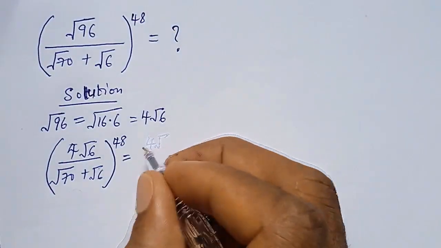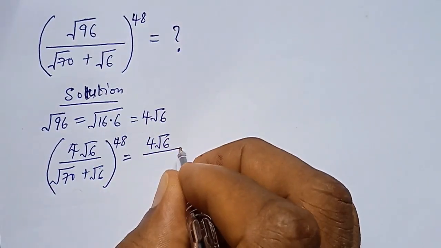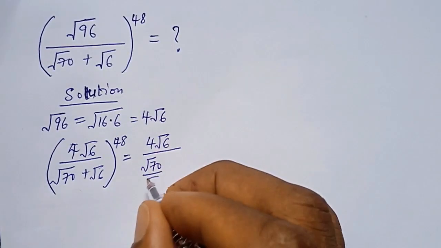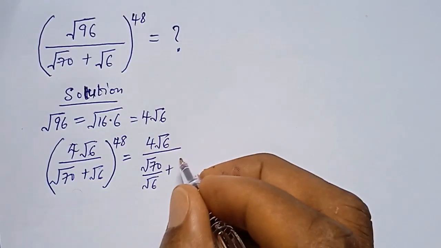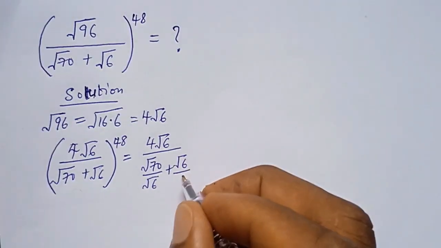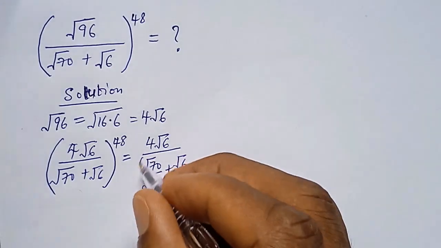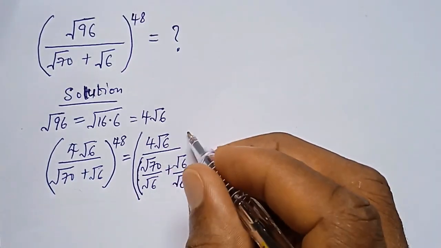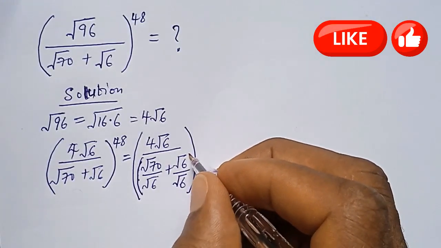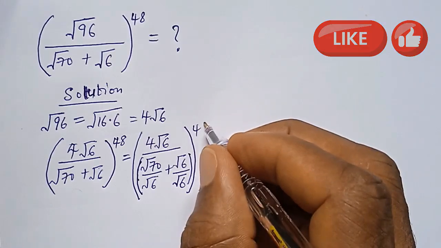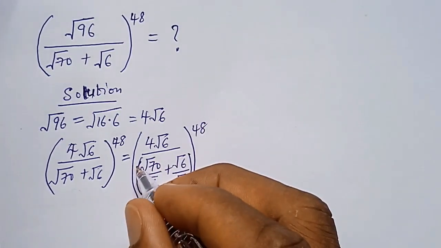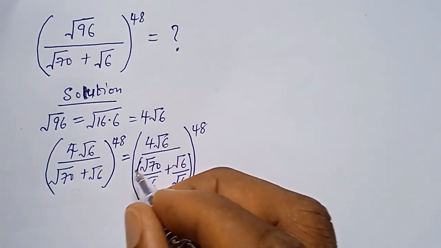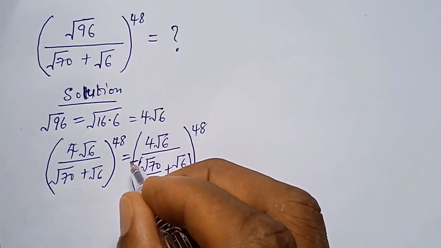So we have 4 square root of 6 over square root of 70 over square root of 6 plus square root of 6 over square root of 6, all in brackets to power 48. But we want to multiply again by square root of 6, so we multiply this by square root of 6.